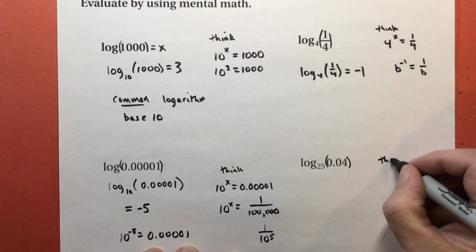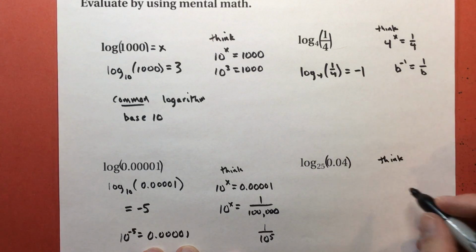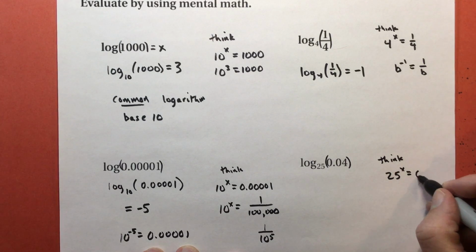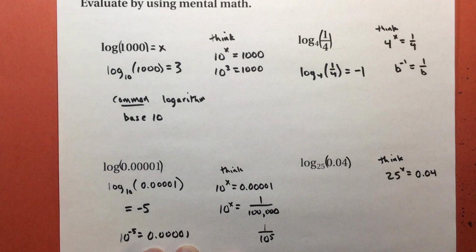All right, one more to do here. I'm going to think, because this is all mental math, 25 to what power equals 0.04. And again, I know you've been trained so much to not think about fractions, and that we hate fractions whenever we see them. But this is going to be so much easier if you actually do think of fractions, because it has to do with reciprocals.